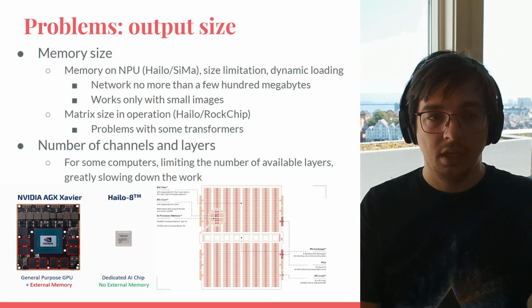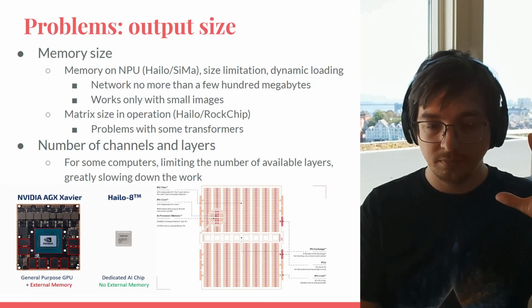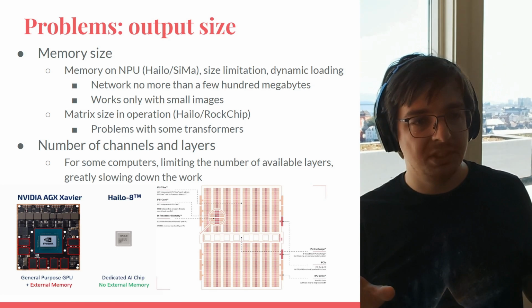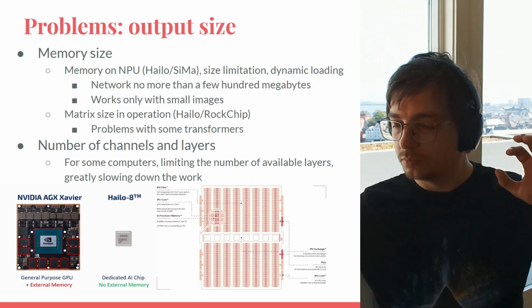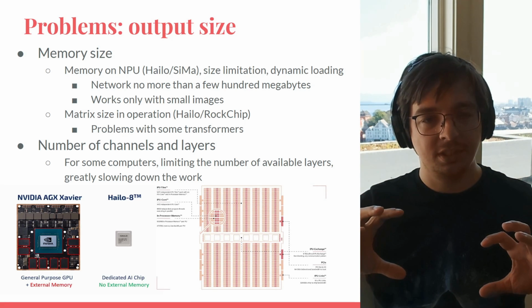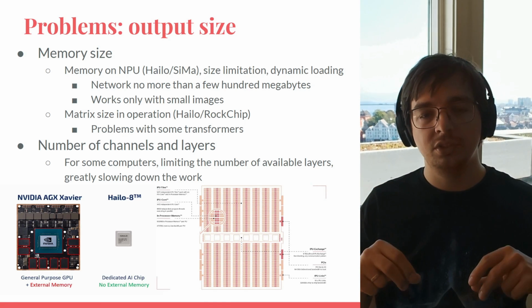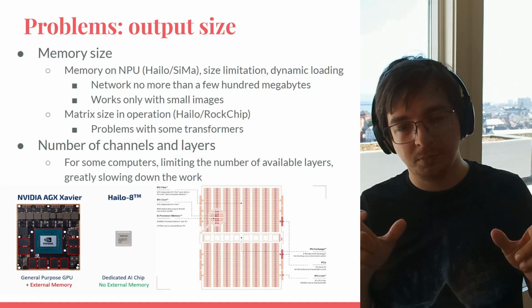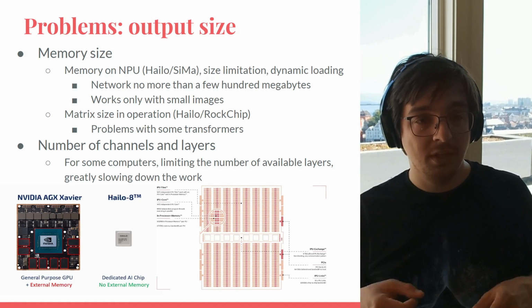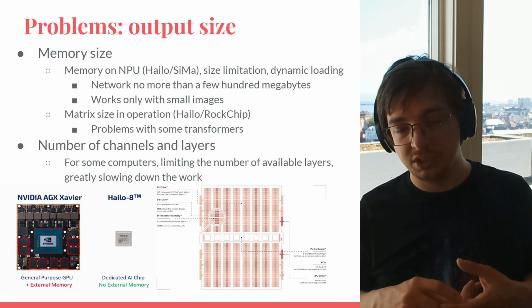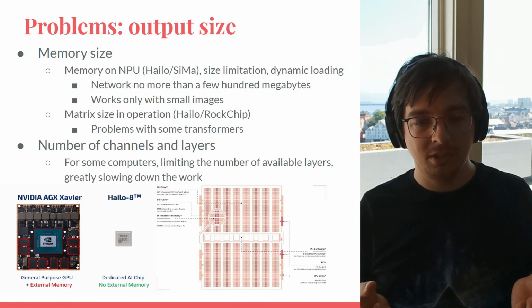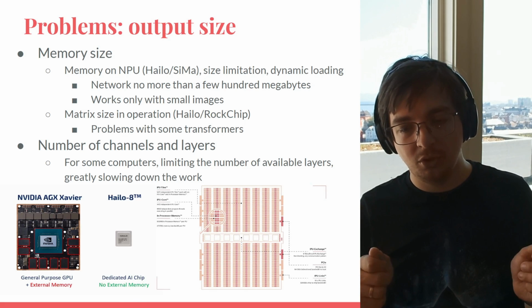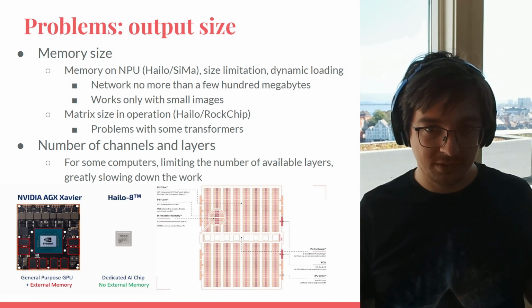Okay. The second problem, the big general problem, is the memory size. And of course, when you put your inference directly on the silicon, you will be limited by the properties of the silicon chip. If you just put, for example, 100 megabytes for your model, it will not be possible to run a bigger model there.